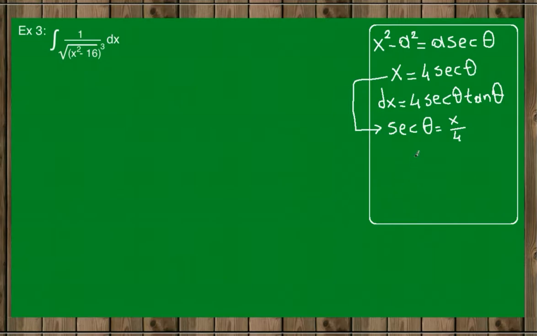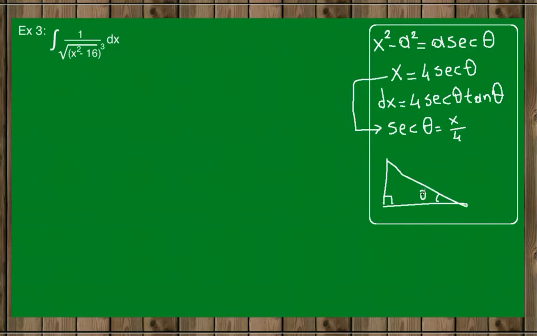Let's construct the right triangle. If secant theta is x over 4, secant is 1 over cosine. Cosine is adjacent over hypotenuse, so secant theta will be hypotenuse over adjacent.